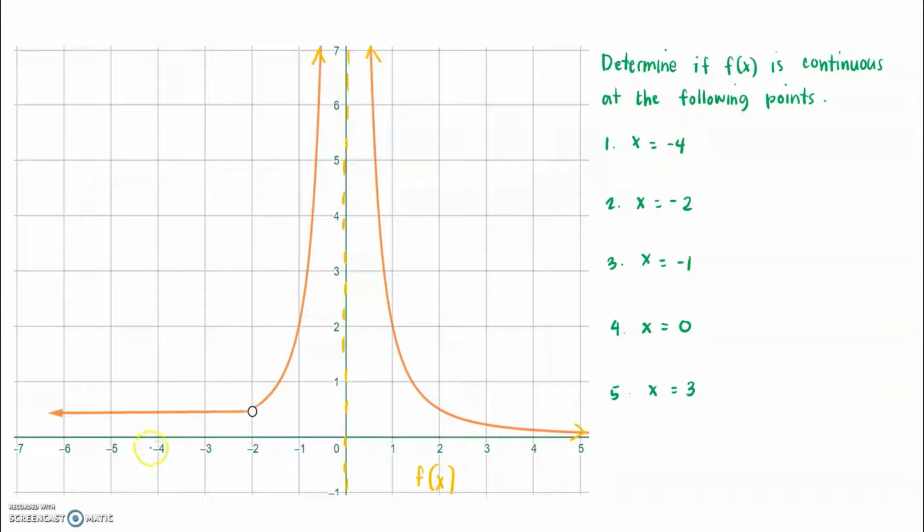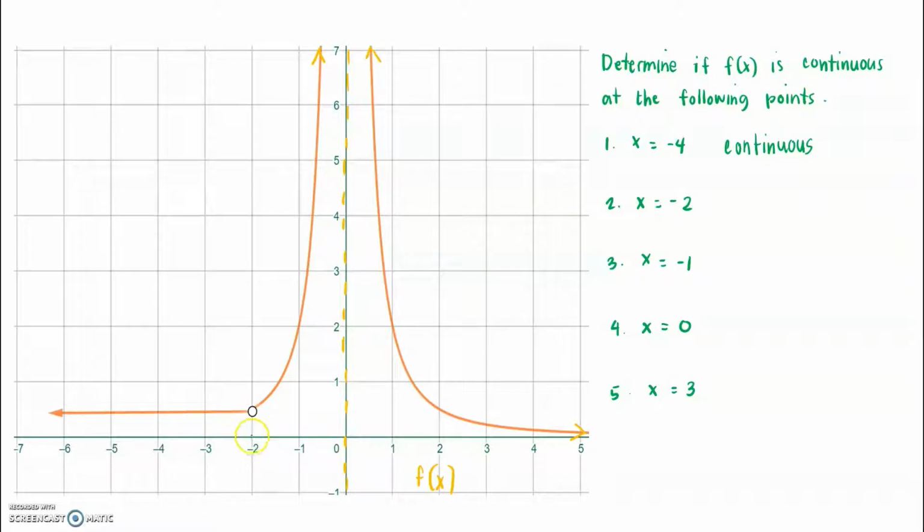Looking at the graph, we have here x equals -4. On the graph, we did not encounter any hole, meaning to say at x equals -4, f of x is continuous. Next, we have x equals -2.